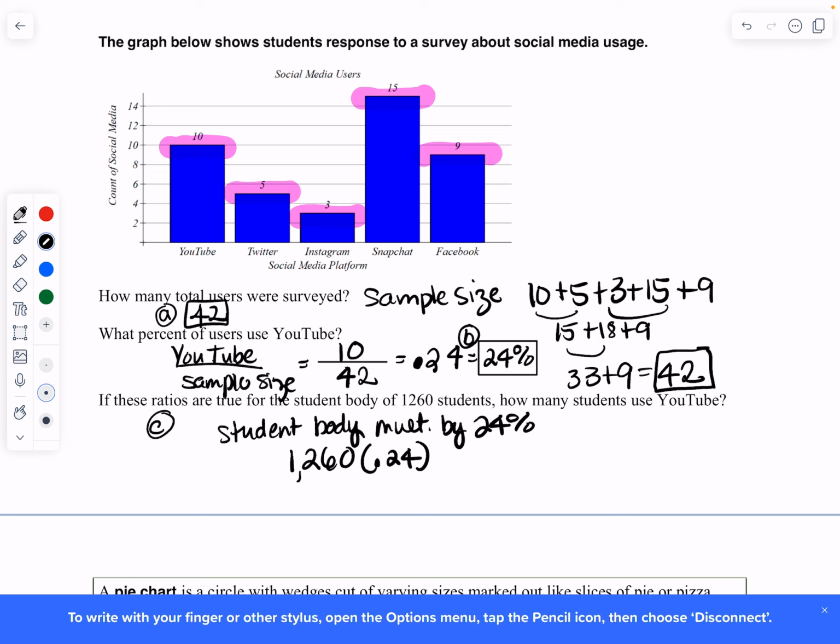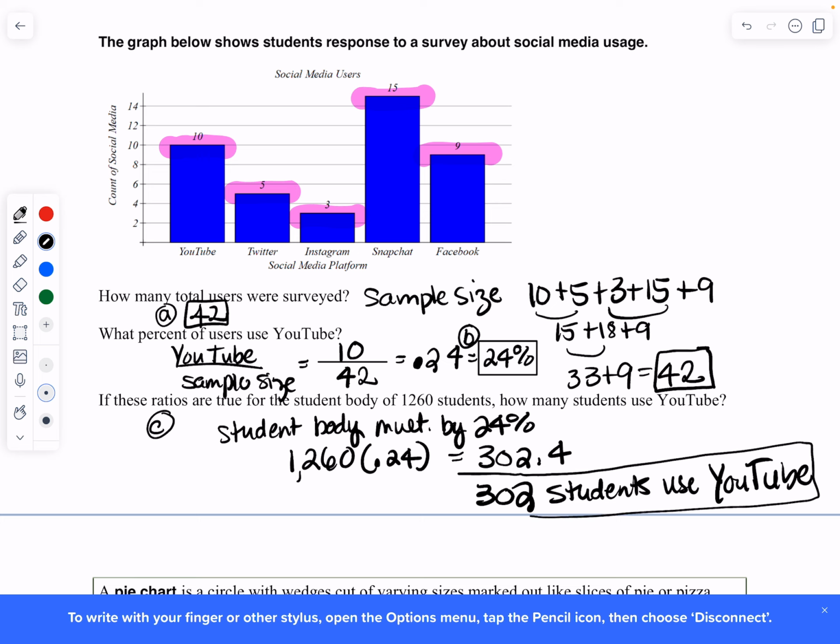And when I do that, I get 302.4. So the 0.4 doesn't make sense because we're talking about how many students. So I'm going to do 302 students use YouTube if those ratios from that sample were correct. Okay, so this is my answer to part C.